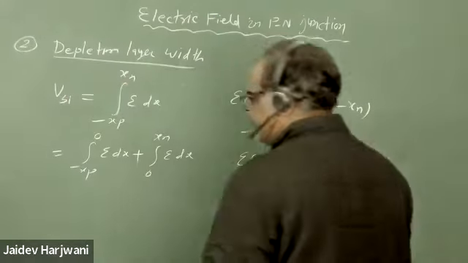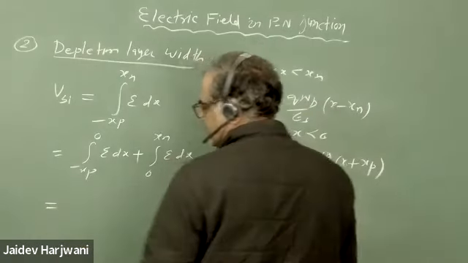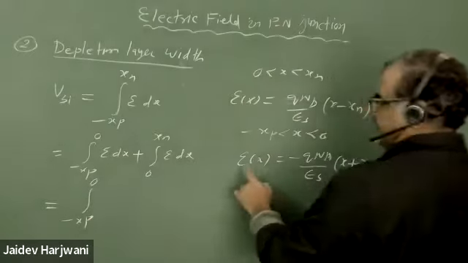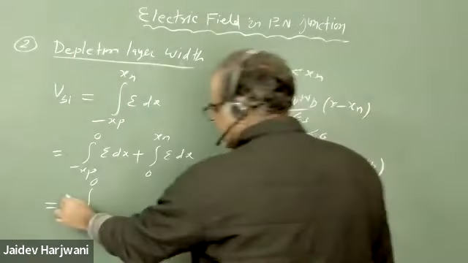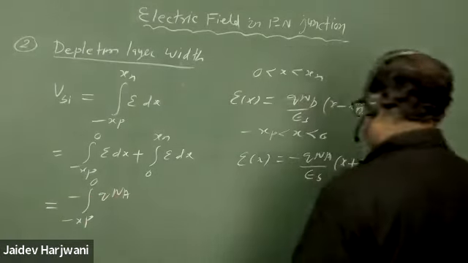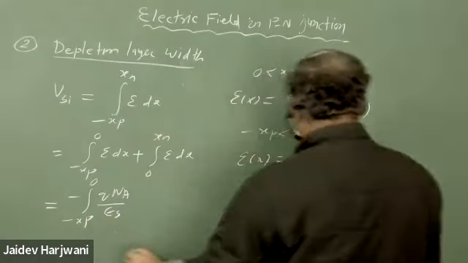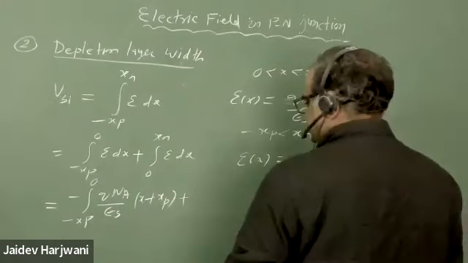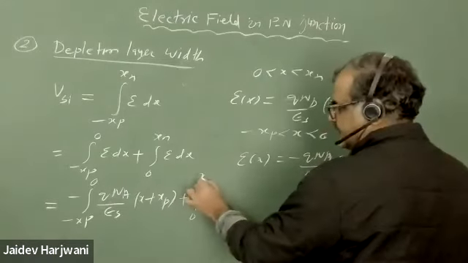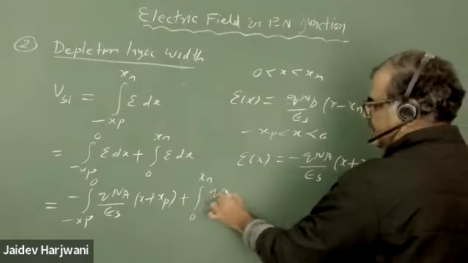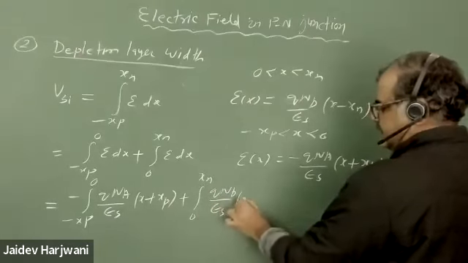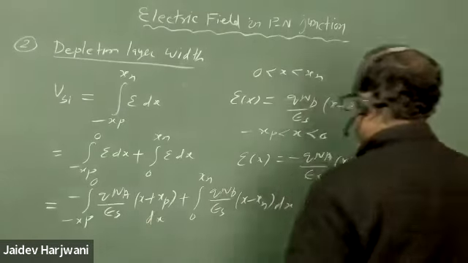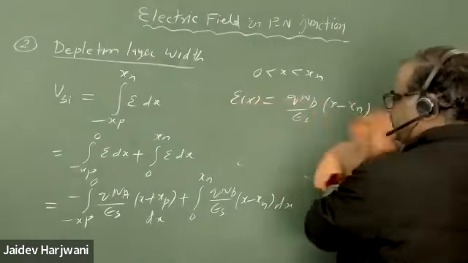So from minus xp to 0, the p region field is minus q Na over Es times (x plus xp), plus from 0 to xn the field is q Nd over Es times (x minus xn) dx. Now you can solve these.